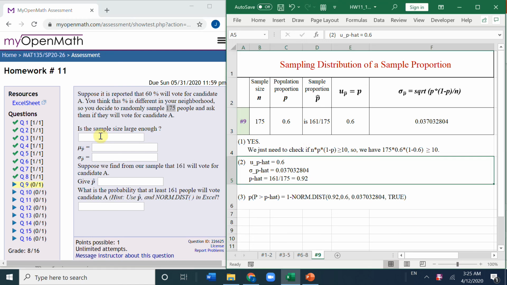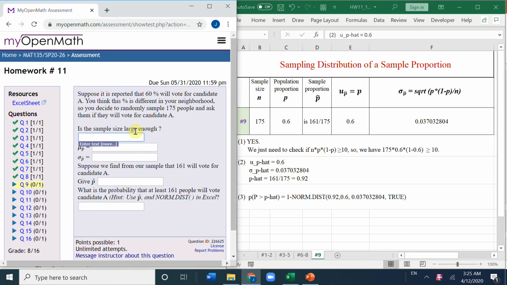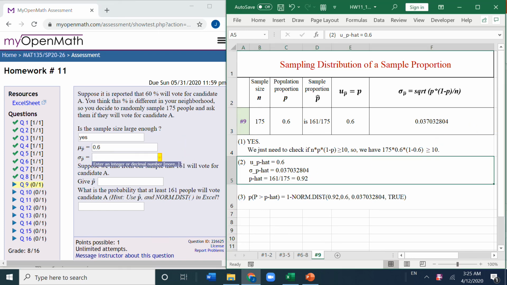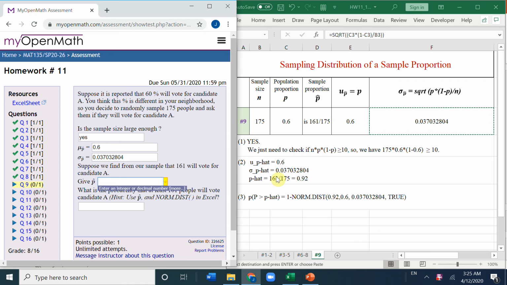Okay, so the first question: is the sample size large enough? We base it on n times p times 1 minus p. Because we have the constraint, we check that this is greater than 10. So the first one is yes. Second question, mu p hat is just 0.6. And p hat is 161 divided by 175, which is 0.92.